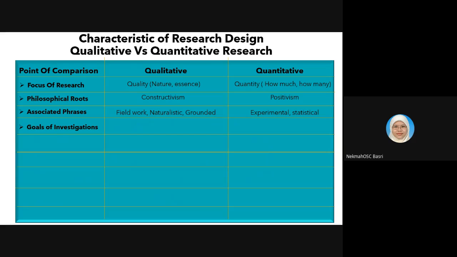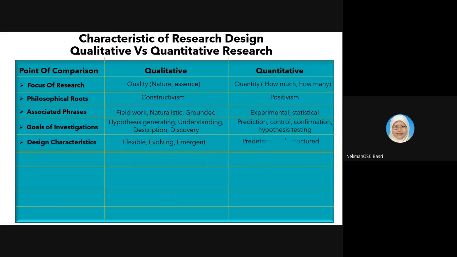Goals of investigation: hypothesis generating, understanding, and discovery for qualitative, while for quantitative it is prediction, control, confirmation, and hypothesis testing. Design characteristics: for the qualitative, it is very flexible, evolving, and emergent, while for the quantitative, it is predetermined and structured.